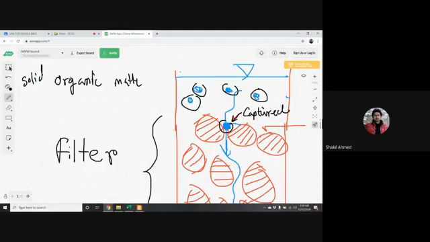When this solid organic matter gets decomposed by bacteria, that produces odor and others. So this solid organic matter can be captured. That's how we can remove the odor. Okay. Yes, sir.